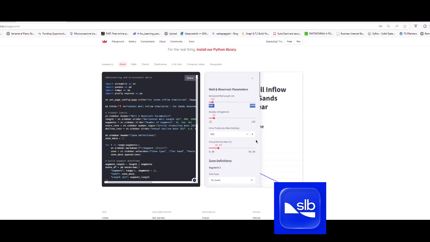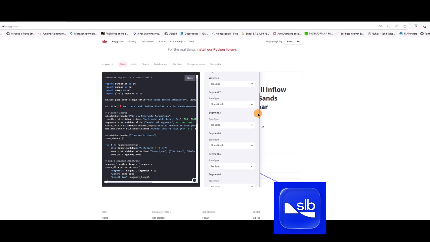In this case we have sequences in a conventional reservoir based on shale, tar sands and shale, tar sands and shale.